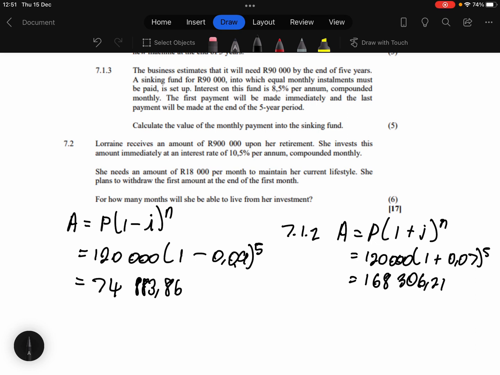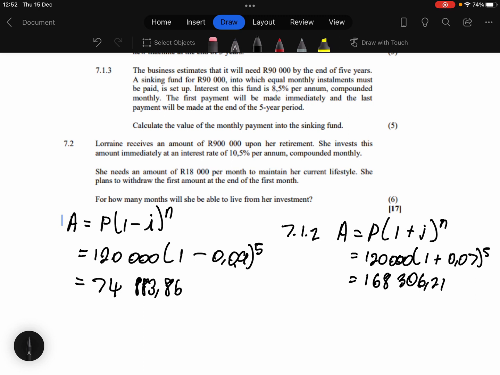Okay, so it's important to know your usual scenarios where everything stays the same in the formula, and from that usual scenario you can now adapt it and make the necessary changes to the equation. Normally in a sinking fund, we have a payment that starts in the month, not an immediate payment. So this is something different to the usual sinking fund setup.